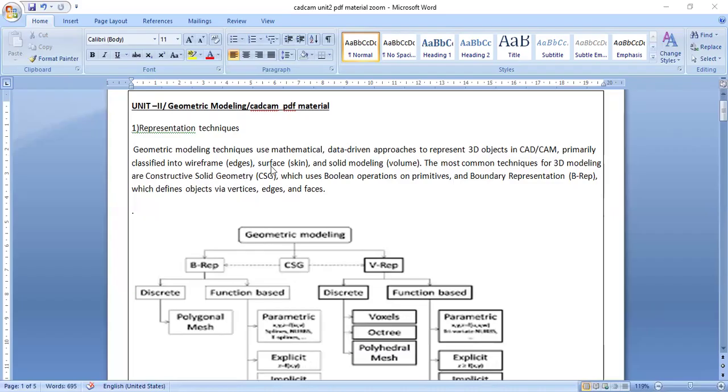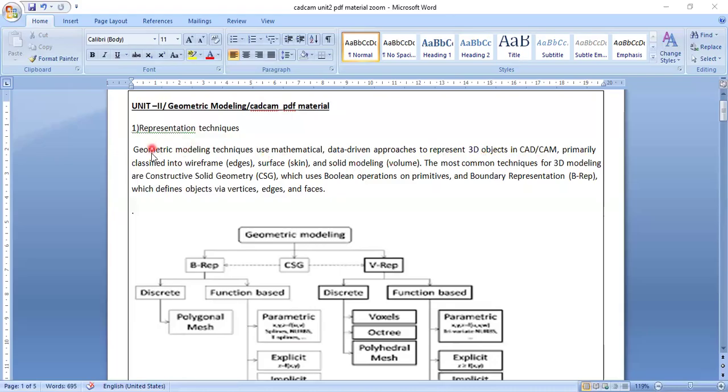Geometric modeling techniques generally use mathematics, and are also driven by data approaches, to represent 3D objects in CAD/CAM. So geometric modeling is very important.